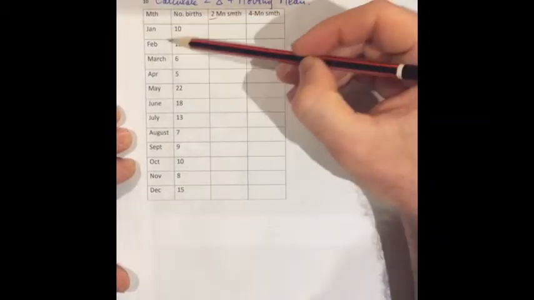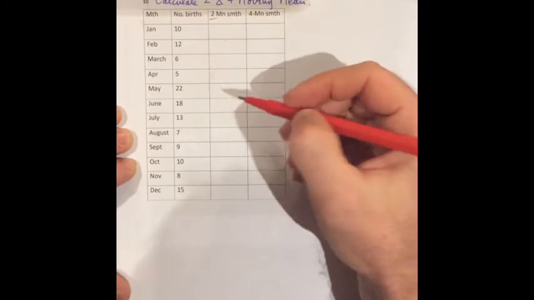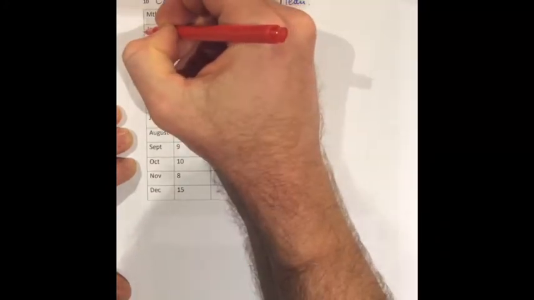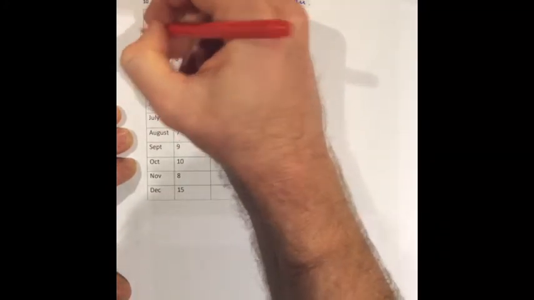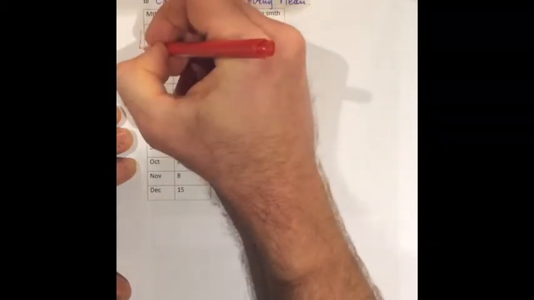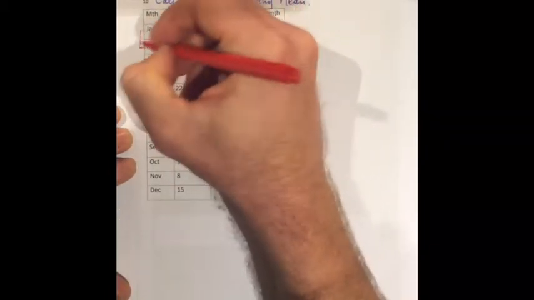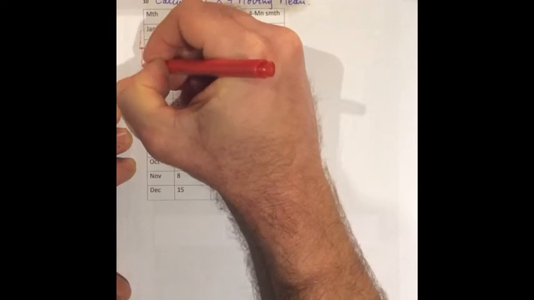Okay, so that means if we're going to 2 mean smooth for February, we can't 2 mean smooth for January. We're going to use the months January and February, and February and March.